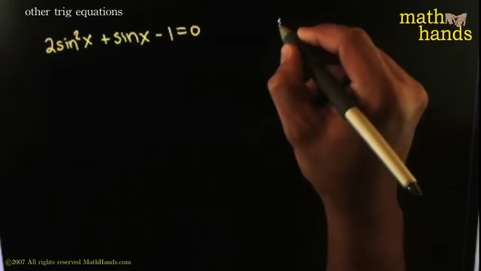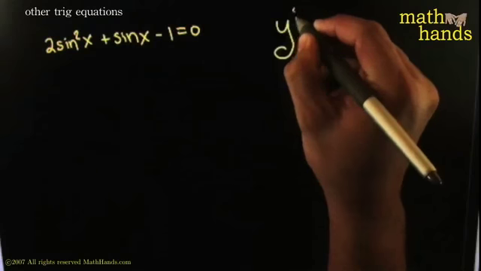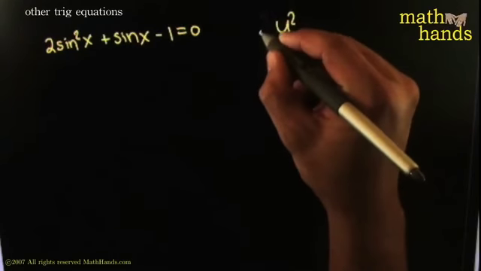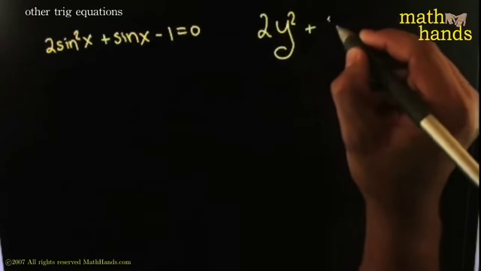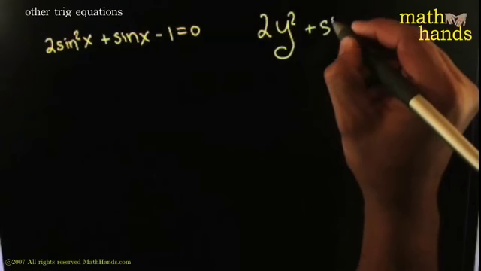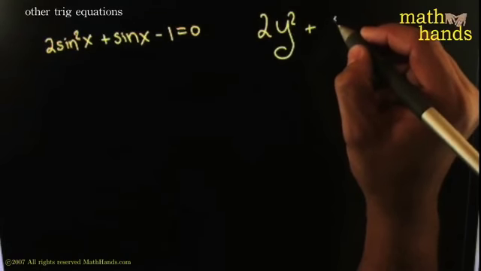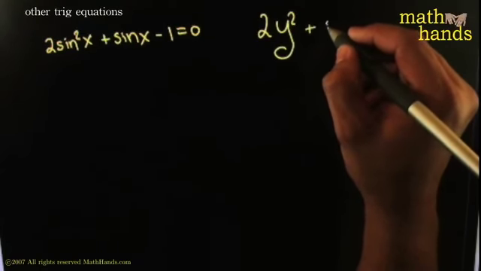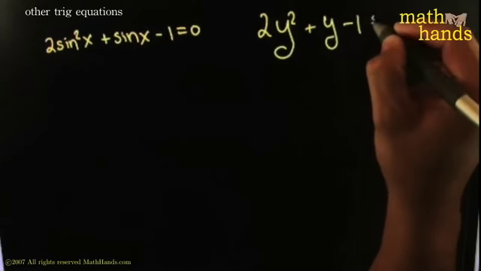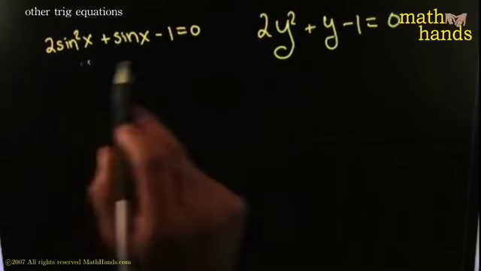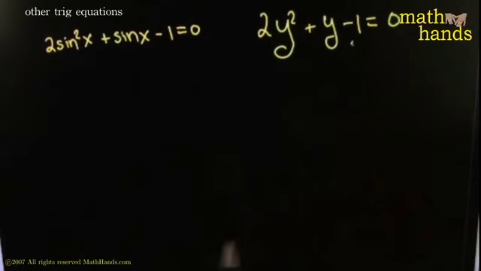In fact, it looks a lot like this type of equation: 2y squared plus y minus 1 is equal to 0. This one right here looks a lot like this one.